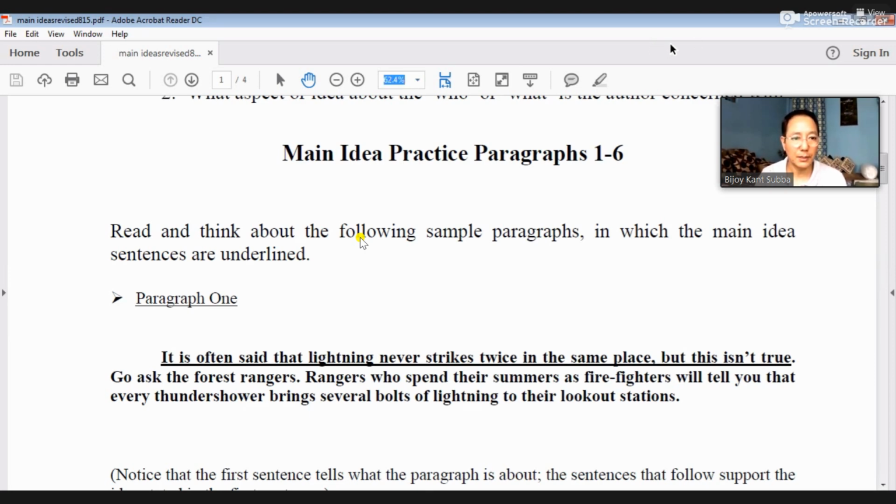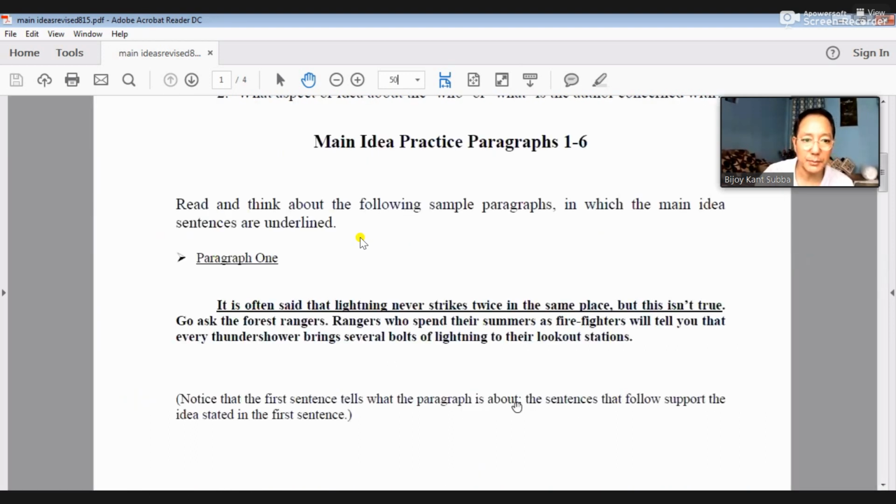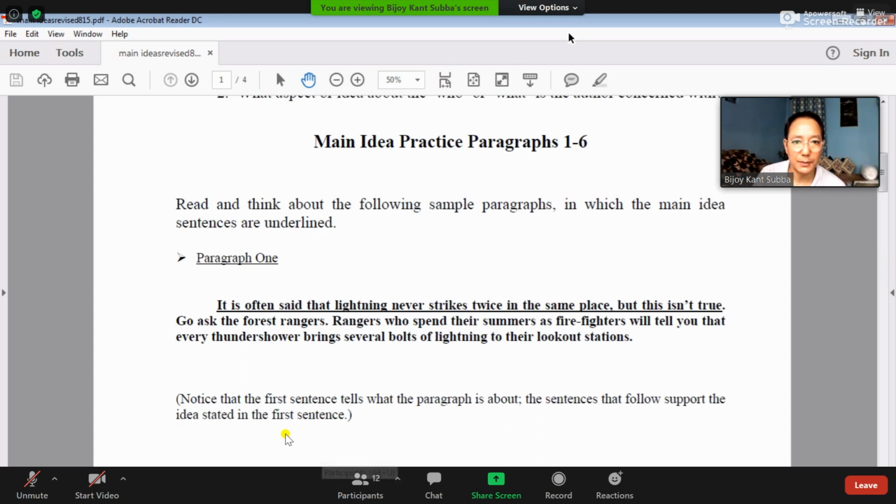Can't fit it here. So let's keep it to 50 maybe. Okay. So everybody can see this? Can everybody see this thing? So take a good look. Now we will just take a look at the main idea stuff.